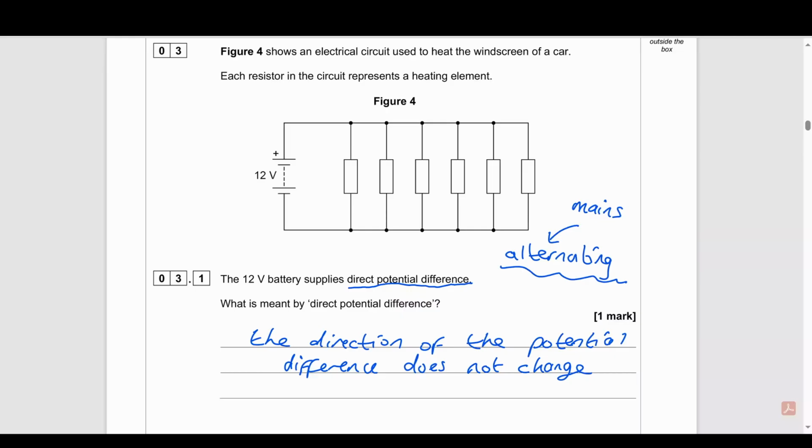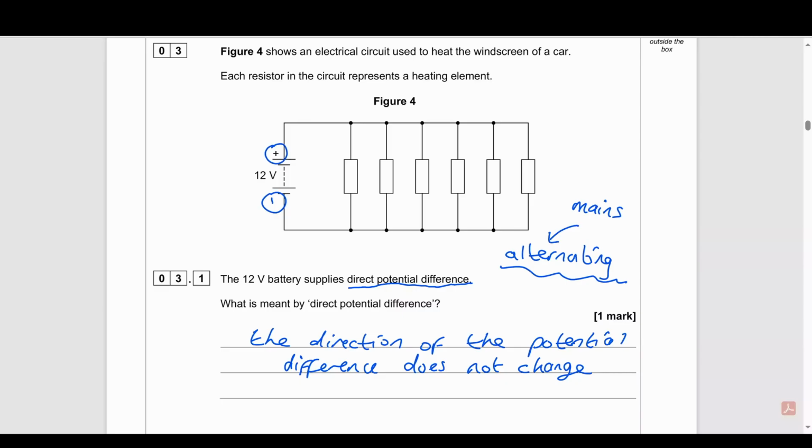Now, also think about how a battery works. A battery has a positive terminal and a negative terminal. Now, if you were to take out a battery from a remote control, for example, and then turn it around and place it back into your remote control, you know that the remote control is not going to work because the battery has not been placed in the right way.